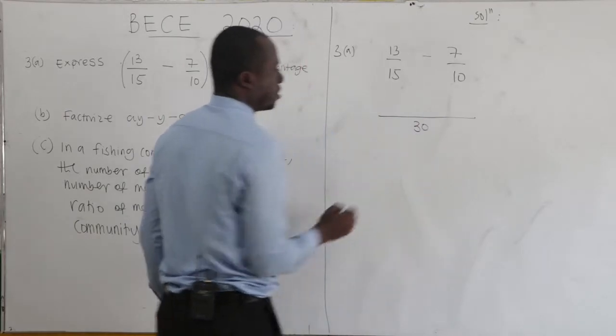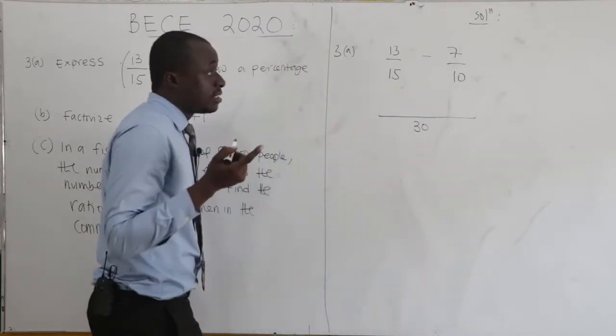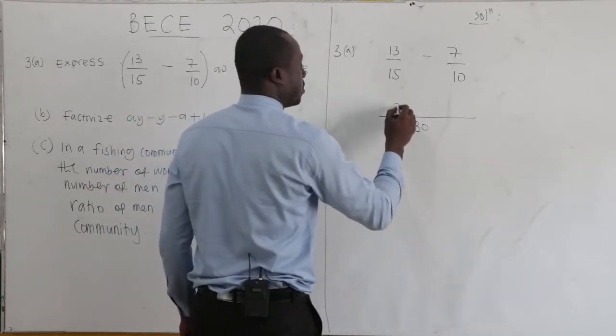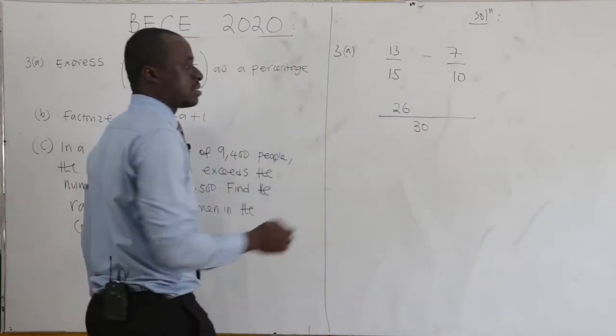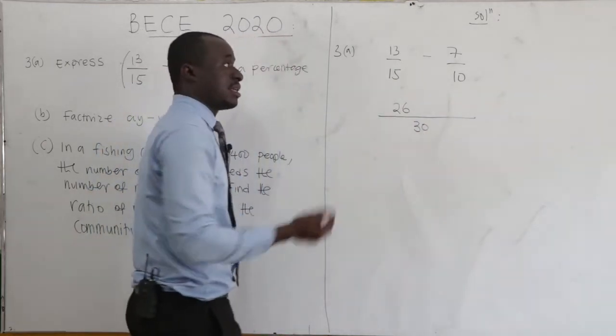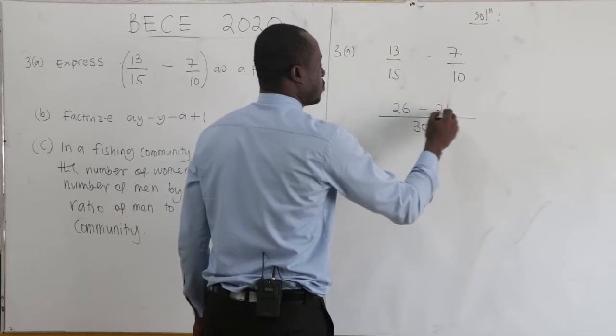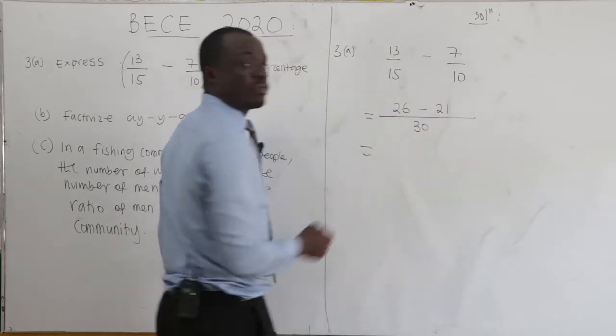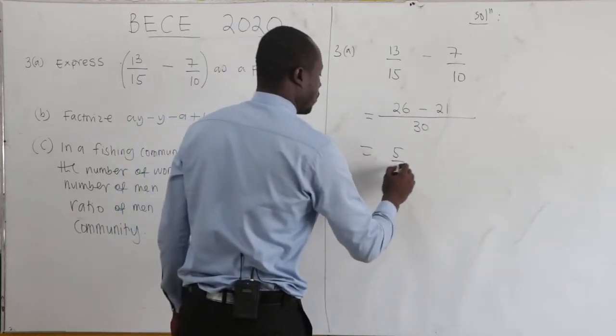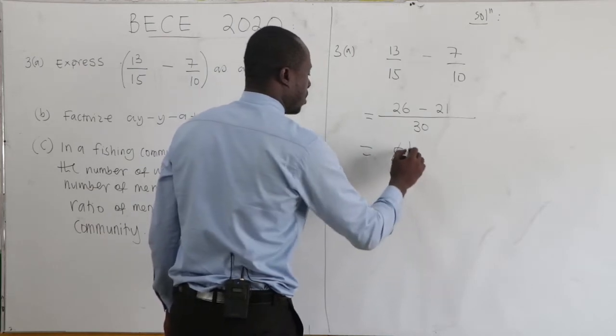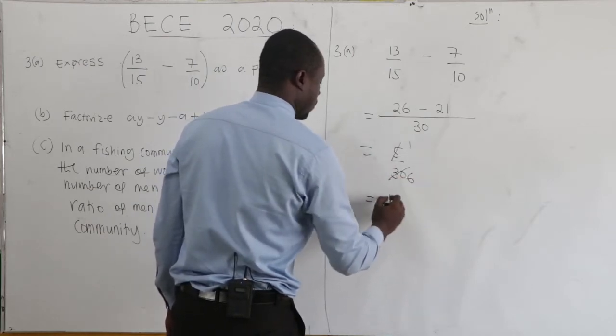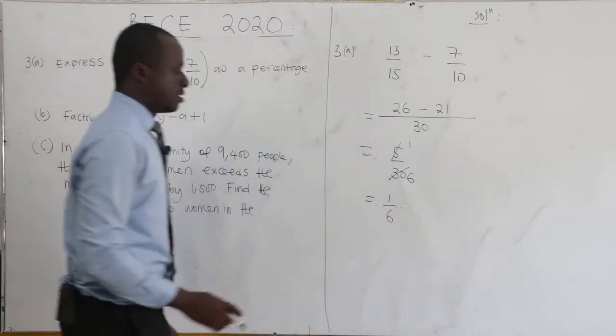The least common multiple, 30. 15 will go into 30 2 times, 2 times 13 is giving us 26. 10 will go into 30, that is 3 times 7, and this is 21. Now 26 minus 21, that is 5 over 30. 5 will go here 1, 5 will go here 6. So we have 1 over 6.